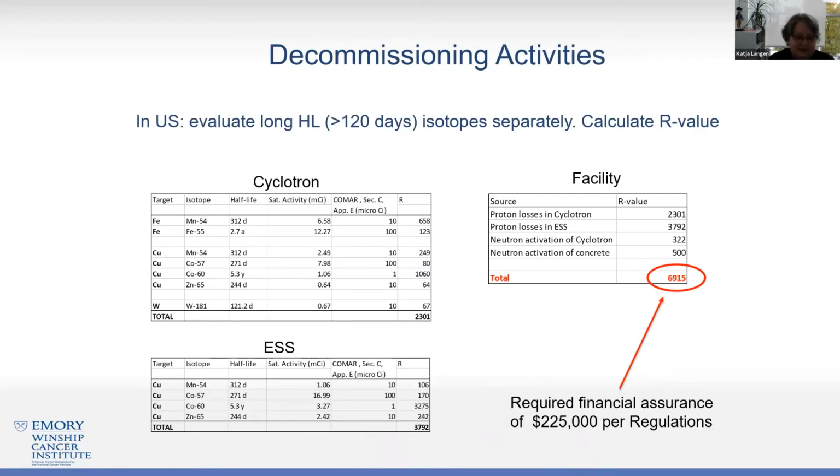When you apply for a radioactive material license, you are typically tasked to talk about the decommissioning activities of your facility. And in the US, the regulators ask us to look at long half-life separately. Long half-life is anything more than 120 days. And you're asked to calculate an R value.